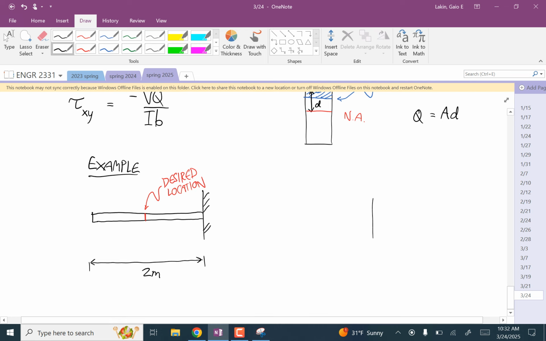On the cross section, we have a height of 10 centimeters, 0.1 meters, and a width of 2 centimeters.